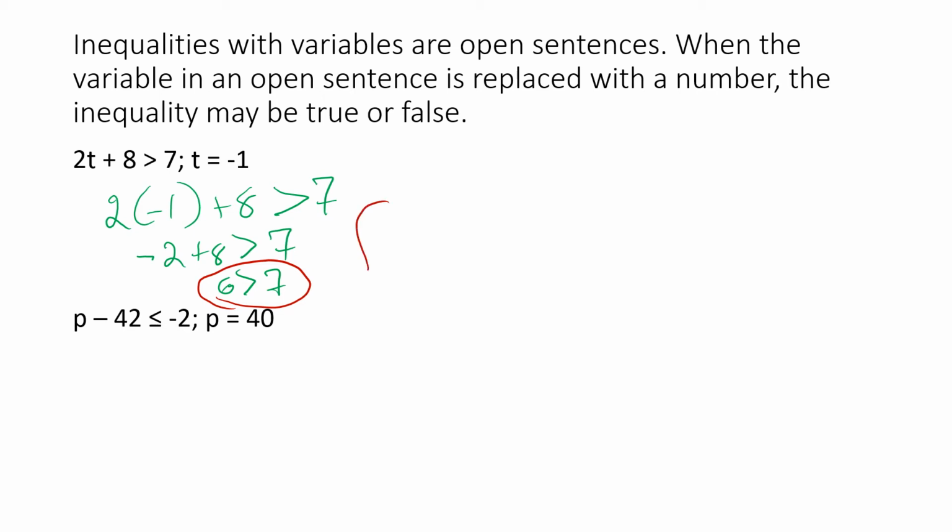So this is a false inequality, right? Or sentence. So false sentence. Okay, that's false. That number would have to be 8, 9, 10, 11 in order for it to be true. 8 is greater than 7, but 6 is not.